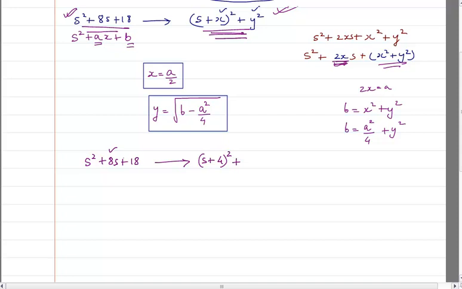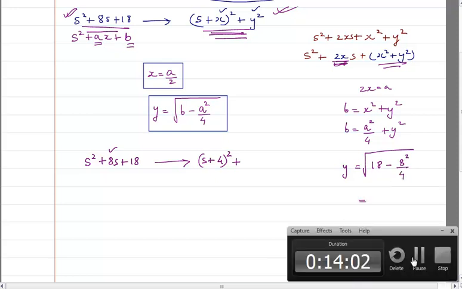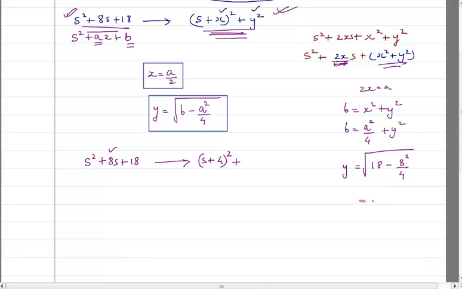For finding y, the equation is this one. So I will say y is equal to under root of 18 minus a, which is 8 square by 4. What is going to be the answer? Root of 18 minus 4, not 4, sorry, 16.